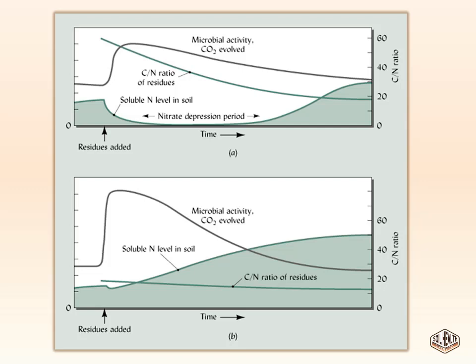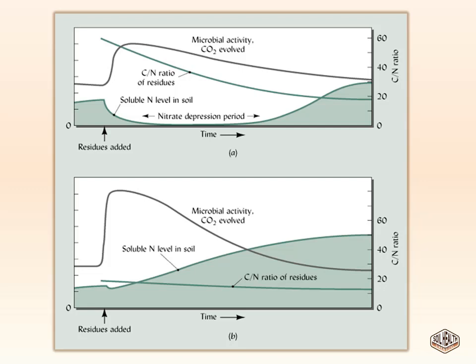And as we saw in the last picture, there is a dip in the soluble nitrogen level in the soil as microbes start to digest the carbon in the material that's been added with the help of soil nitrogen. This results in the depression of nitrogen. As the material is digested, more and more of the carbon is burned off, thus resulting in a lowering of the C:N ratio of the residues. Eventually, that C:N ratio is pulled down beneath 20.